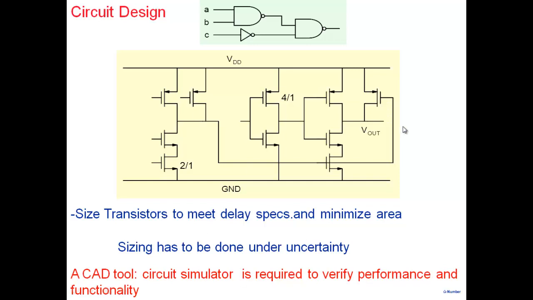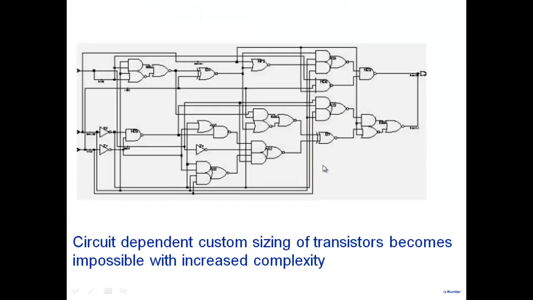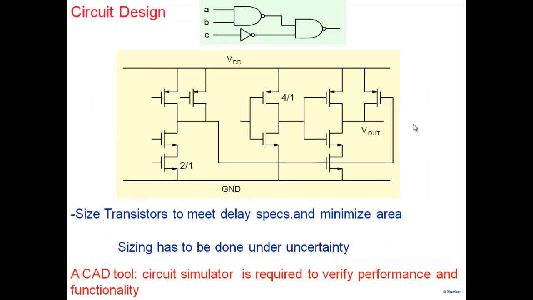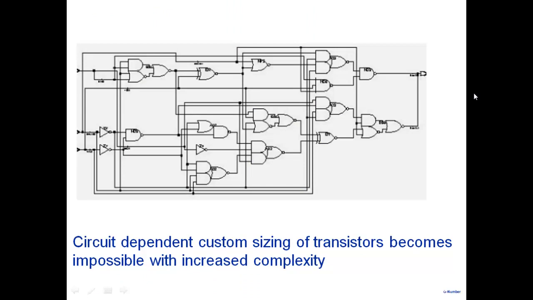You may design a schematic, and you may incorrectly transform this into the schematic and make errors. So you have to verify that this indeed does what it's supposed to do, and also verify performance. Imagine that I take this particular gate netlist, convert it into a transistor schematic, and then I have to find the optimum size of the transistors.